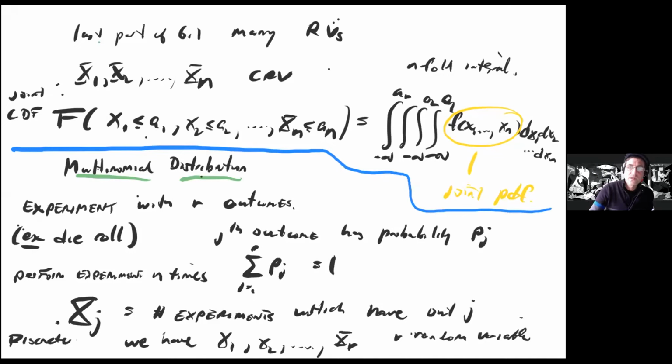Okay, so now what I'd like to do is compute the distribution of these things jointly. So suppose we look at the probability that x1 is equal to n1.